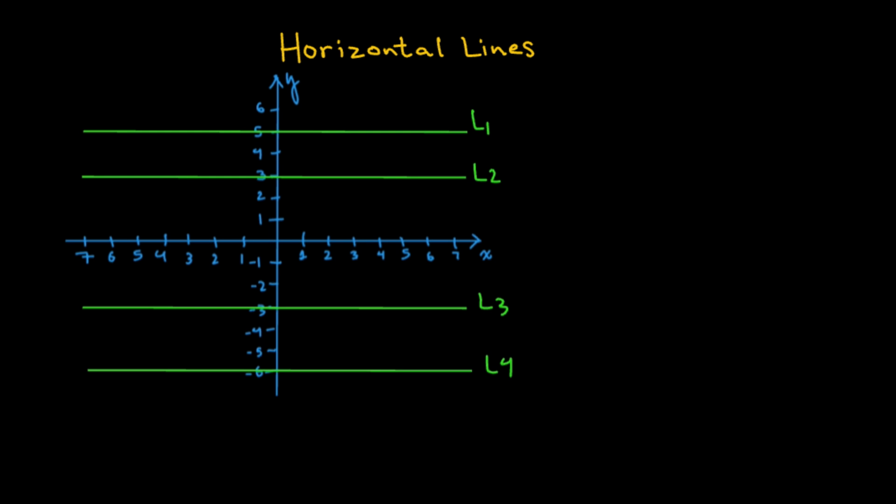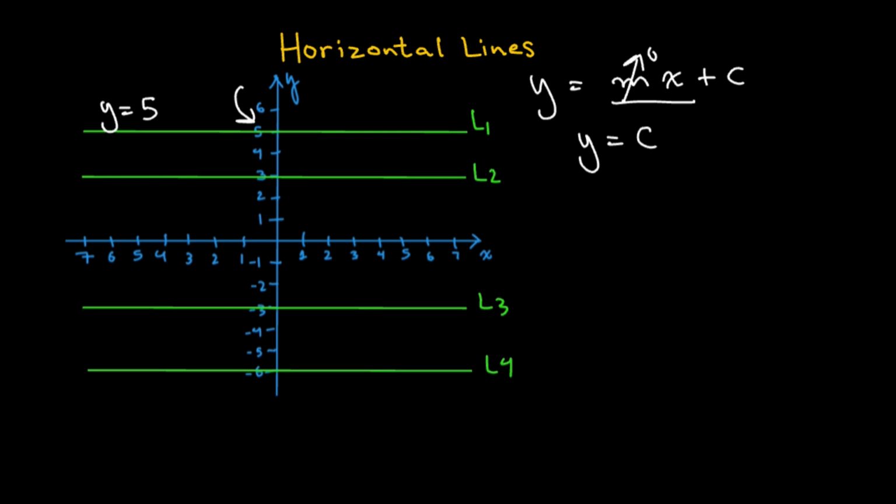Now we figure out the equations of horizontal lines. Since horizontal lines are also straight lines, they will have equations in the form y equals mx plus c. As you have learned, the gradient of a horizontal line is 0. So this mx term becomes 0. Then the equation of a horizontal line is y equals c. That means y equals the y-intercept. So the equation of the line L1 becomes y equals 5.